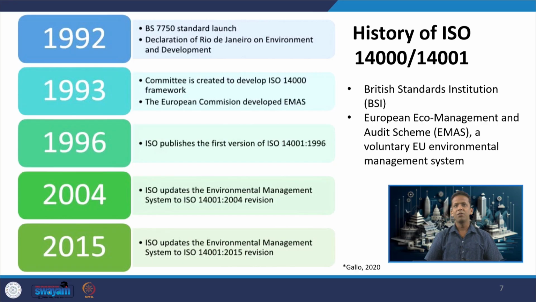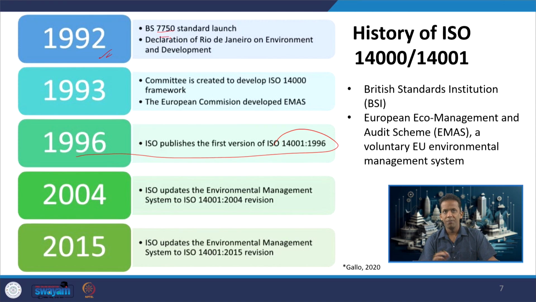If you look at the history of ISO 14001, the first version came in 1996, but the background work started 4 years earlier, in 1992, when British Standard 7750 was launched, and then at a declaration in Brazil on environment and development, this standard was finalized.